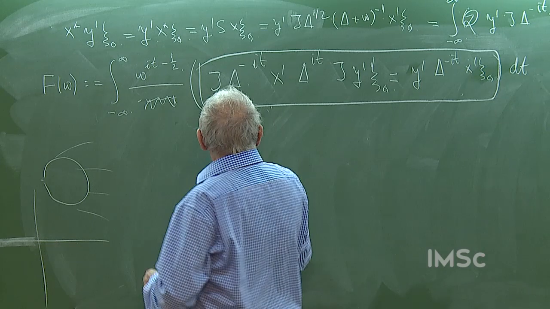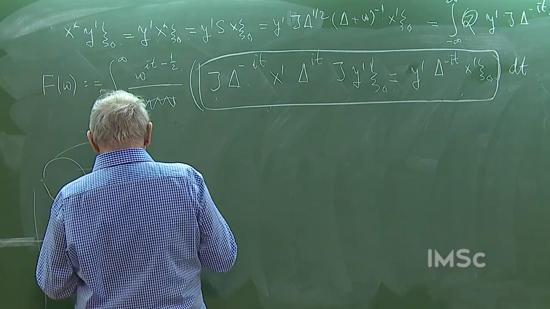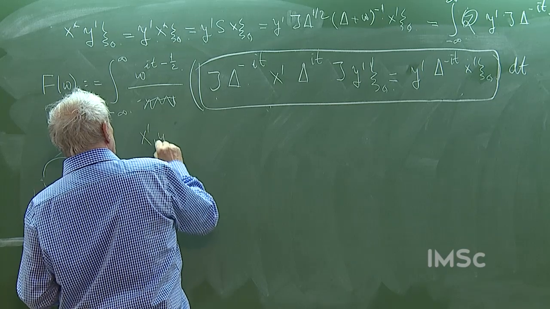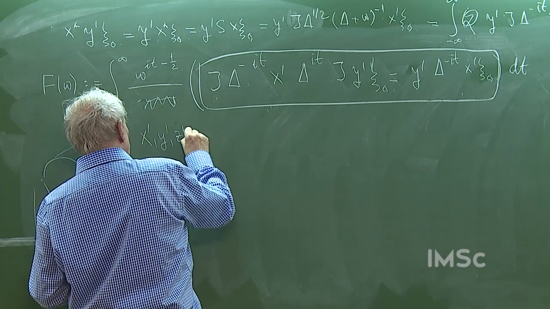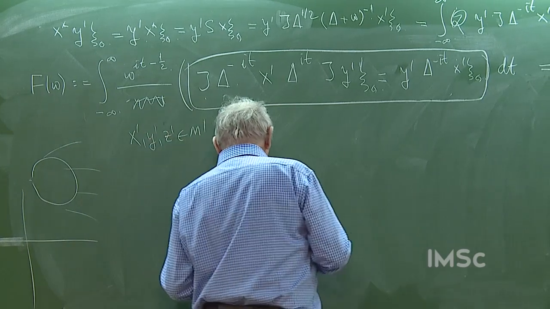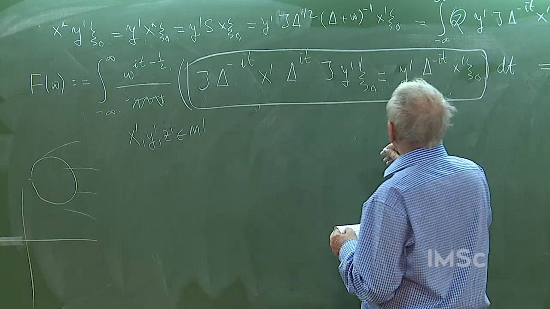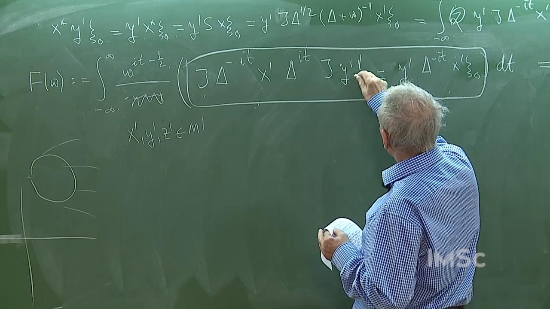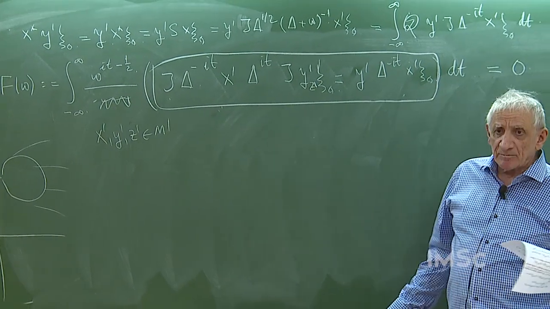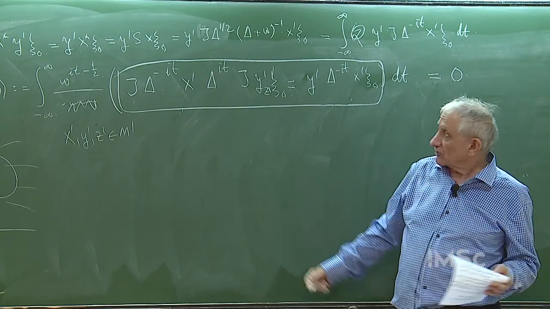Yes, I have 5 minutes more, so I will exploit this equality. Namely, I will take x prime, y prime, z prime in M prime. And what I will put instead of y prime is y prime z prime. It's again an element in M prime, right? It's the product.